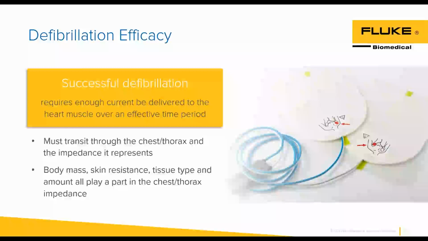What we really want to ensure is if we set that defibrillator at whatever joule, call it 100 joules, and I attach it to a brand new baby who needs it, that they're getting that 100 joules. Just as easily if you attach it to myself or a geriatric patient or bariatric patient, those are all drastically different resistances. And we set it to 100 joules. Is that patient also getting the 100 joules?